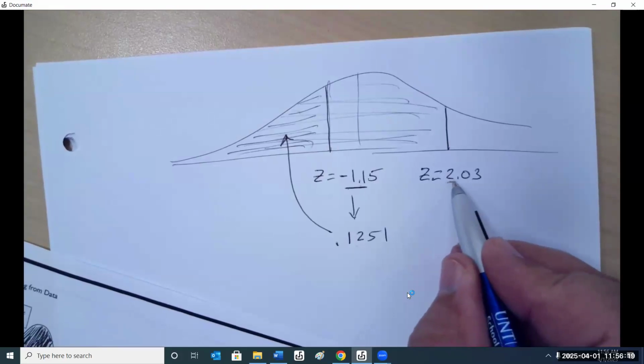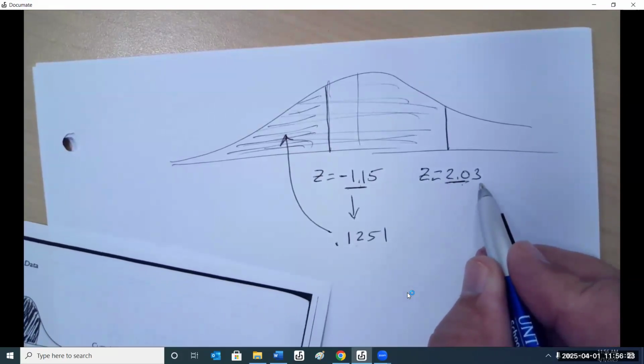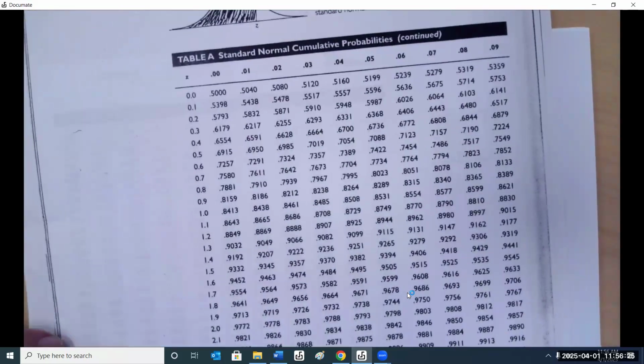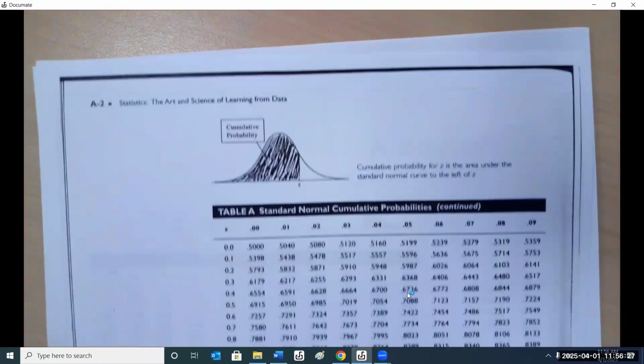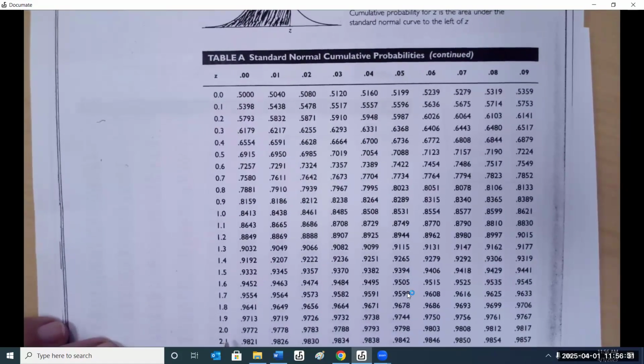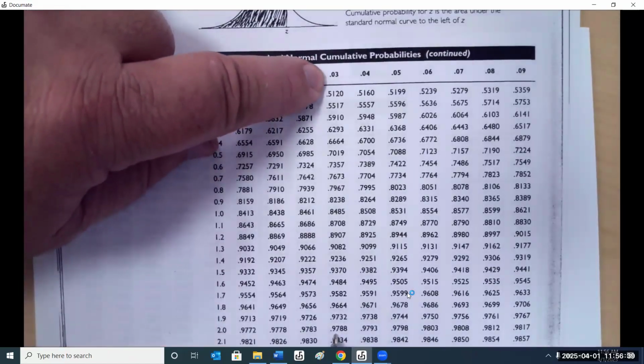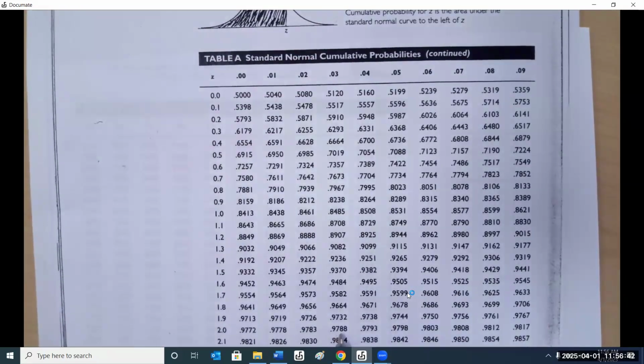We look at the left column, go to 2.0, and then go to column 3. So 2.0 is right here, 2.0. And there's 0, 0.01, 0.02, 0.03. That is the second digit. So it's 0.9788.